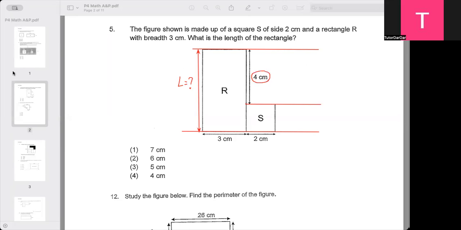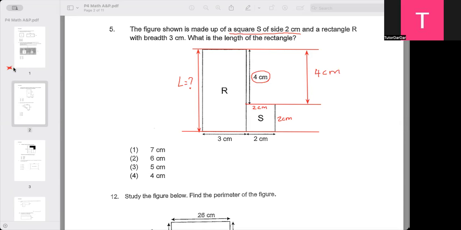From here to here is 4 cm. This is 4 cm. Do you know this? Because you got to know a square S of side 2 cm. So if this is 2 cm, this is also 2 cm. This is also 2 cm.